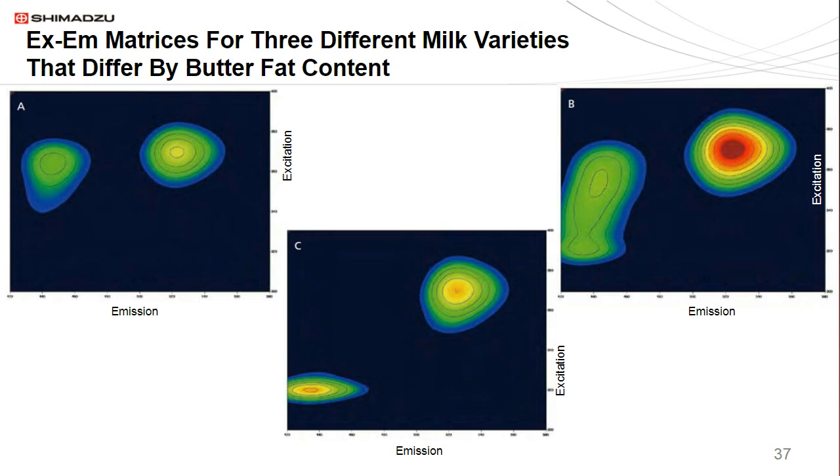So most of the time what we're looking at are differences in butterfat content, which are your basic skim milk and 1%, 2% whole milk. So here you can see how that shows up in fluorescence spectroscopy. You can see we have the same two general peaks, but there are clearly minor differences in minor components between the three varieties.